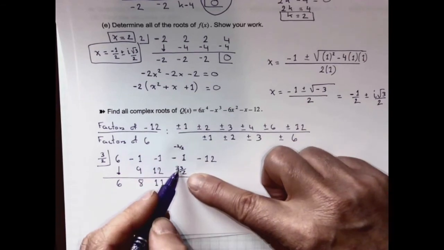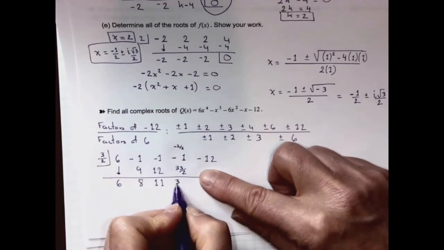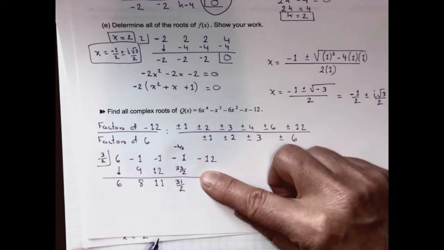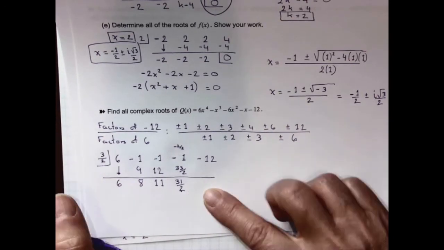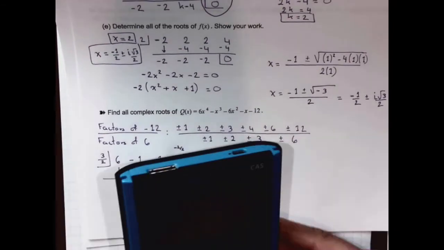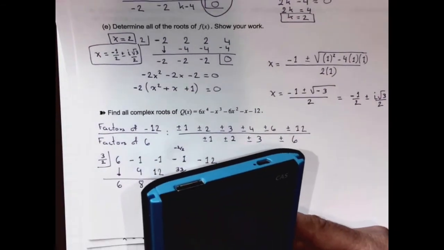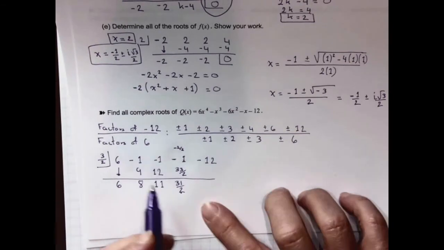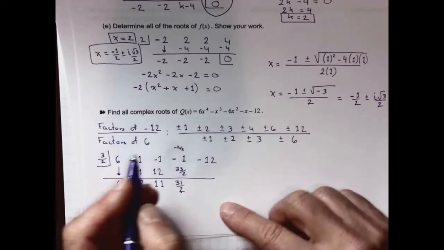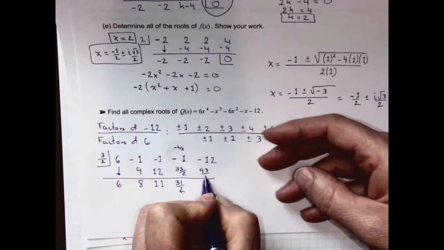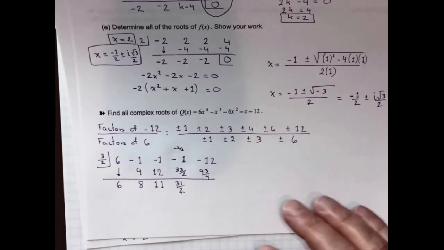And so when you're subtracting, that will give you 31 over 2. And then when you're going to multiply that, oh, that's just too ugly. Alright, so we're going to multiply that. That will give you a 93 over 4. And that's not possible, so I messed up somewhere.